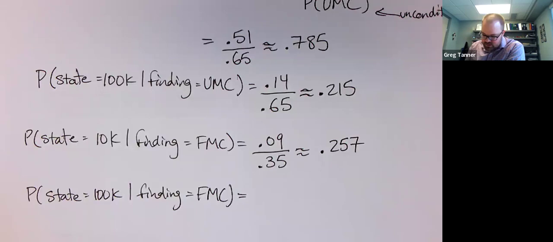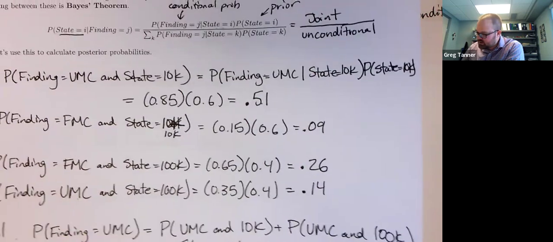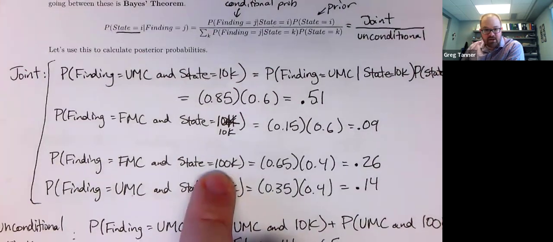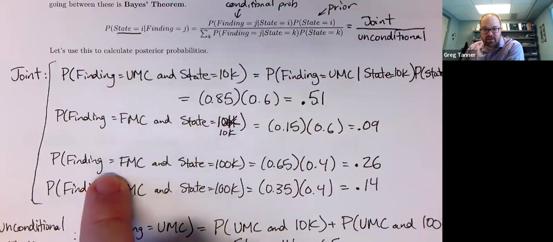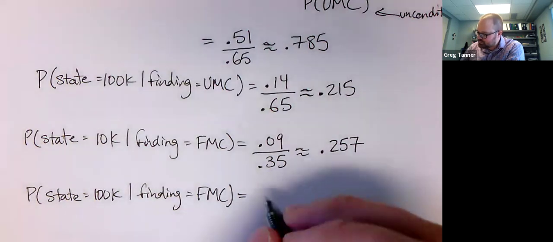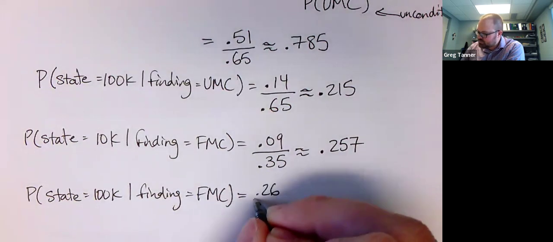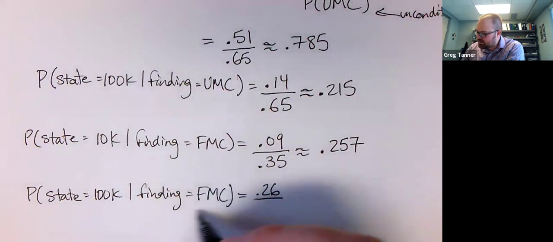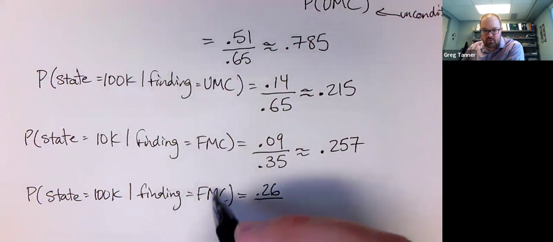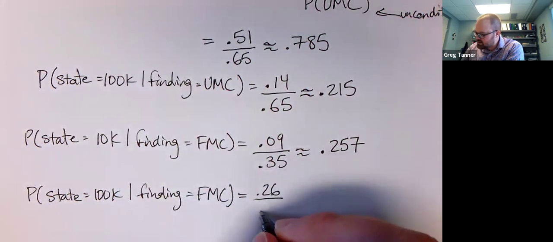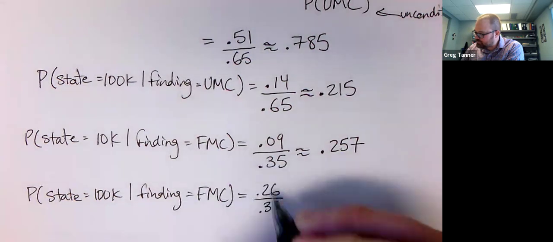And this would be the state 100K, favorable market condition, that gives us this 0.26 over finding the probability of a favorable market condition finding. That's still the 0.35 there.